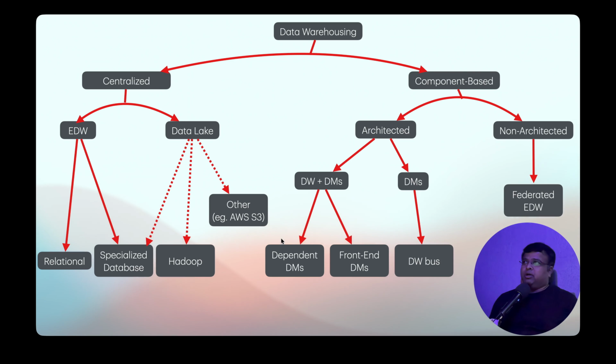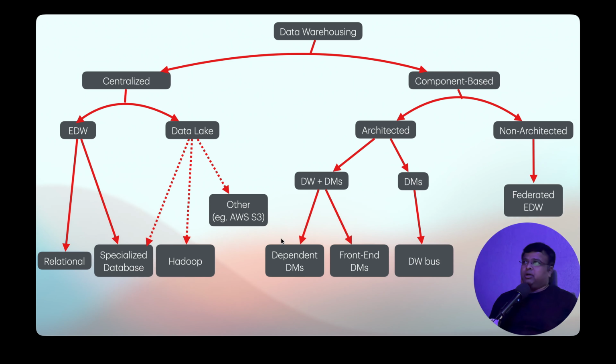The first decision is simple. Do we want a centralized environment or a component based environment made up of multiple pieces? Now, if you go with a centralized approach, there are some very strong advantages. And honestly, if possible, this should be your default choice.